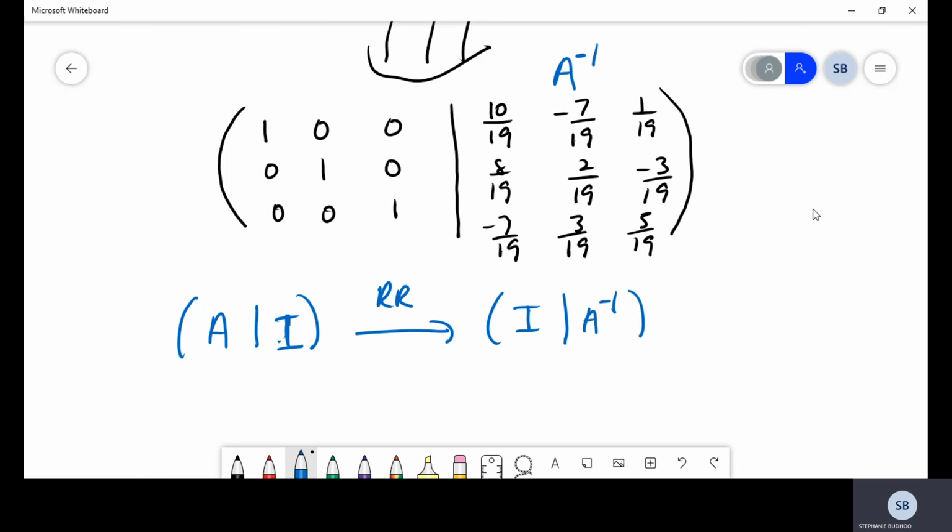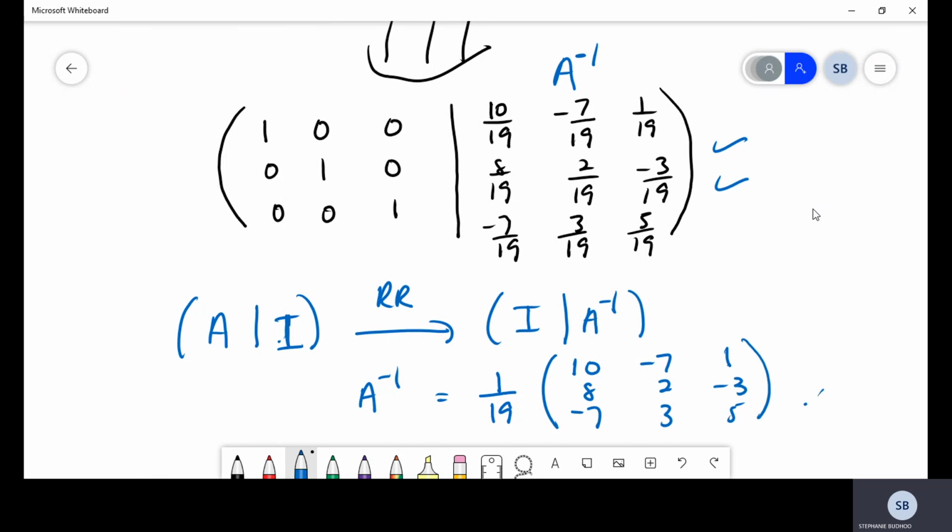So your answer for the inverse of the matrix is finally this matrix on your right-hand side, and you can simply state out your values. You could also factor out that 1 over 19, and you can write down your values that are left so that your matrix looks nice and cleaned up like this. Okay, guys, so this would be your answer.